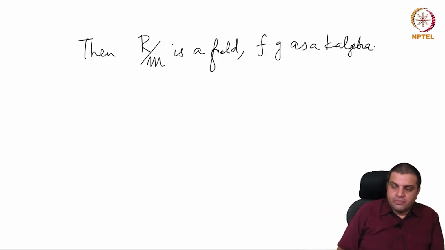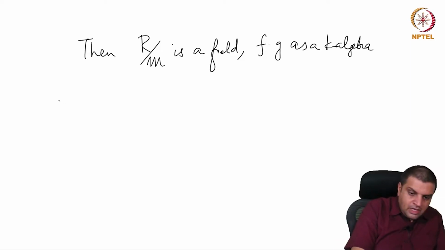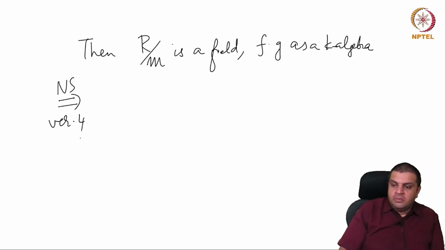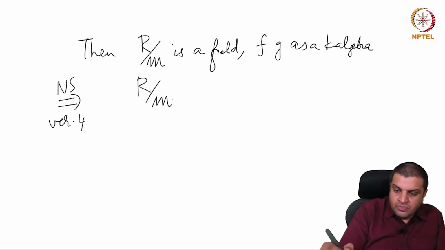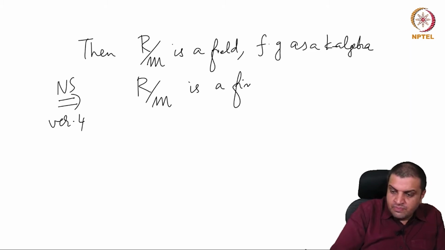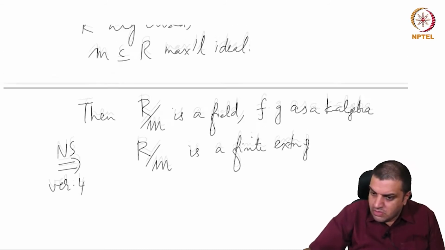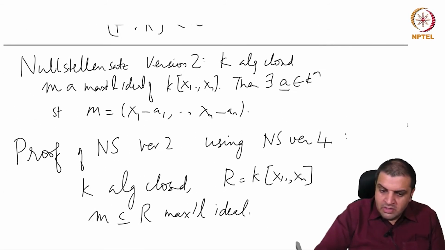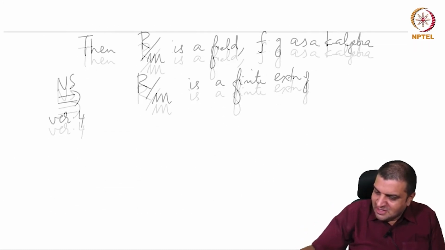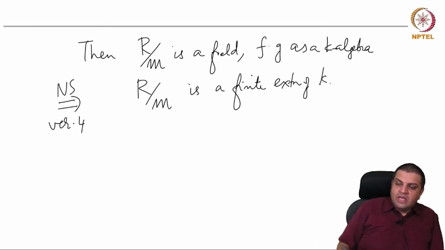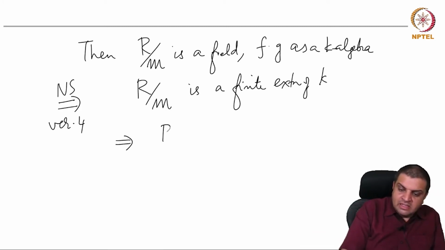This is the setting of Nullstellensatz version 4, which implies that R mod m is a finite extension of K. Remember K is algebraically closed, so R mod m is actually isomorphic to K.